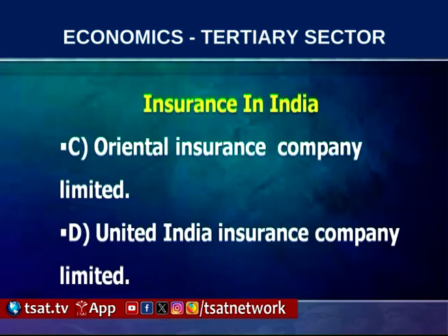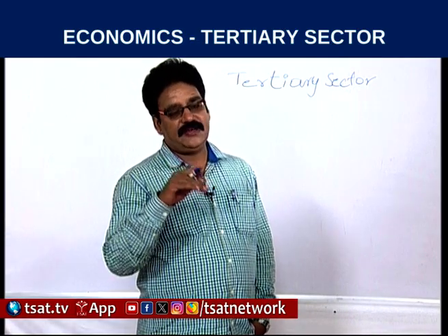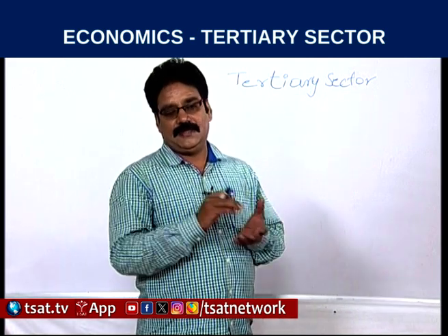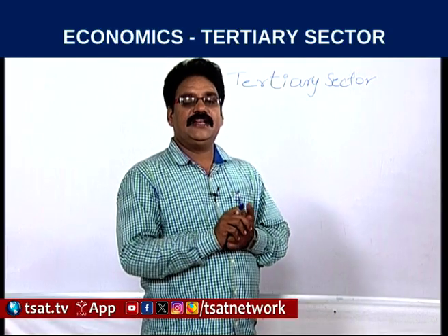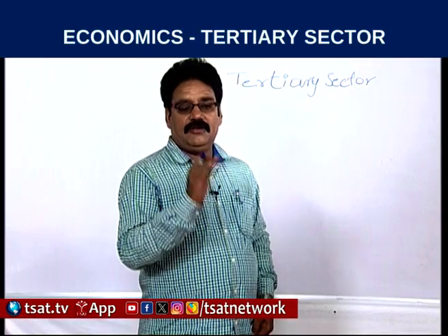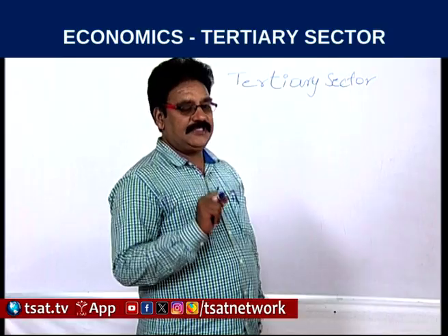Earlier there were small general insurance companies, and combining all these and nationalizing them since 1973, the General Insurance Corporation, GIC of India, was formed with the help of 4 subsidiaries.